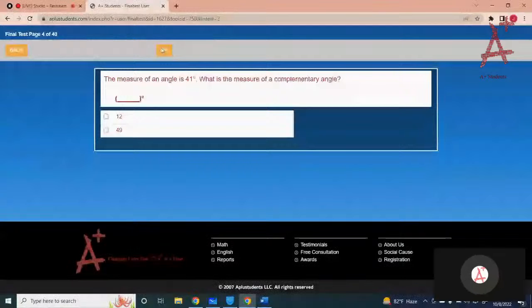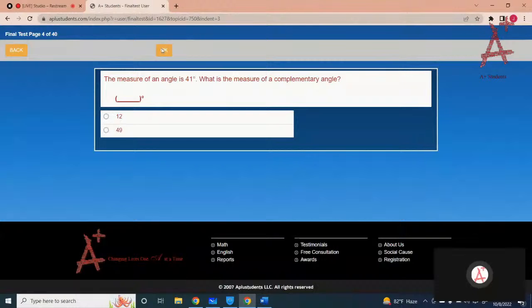The measure of the angle is 41 degrees. What is the measure of the complementary angle? So the complementary angles are angles that add up to 90 degrees.